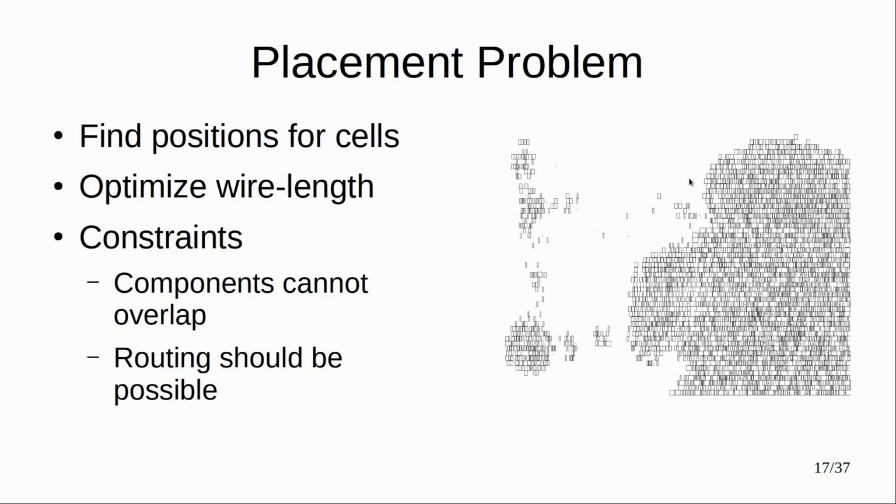The shorter the wires are, the easier it is to route the circuit. There's certain constraints. For example, the obvious one, the components cannot overlap. And you also want to make sure that the routing is feasible. So you don't want to create situations where you would need to pass too many wires somewhere, which is not possible.